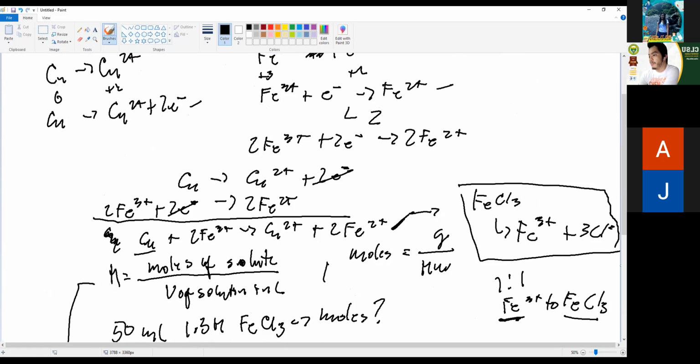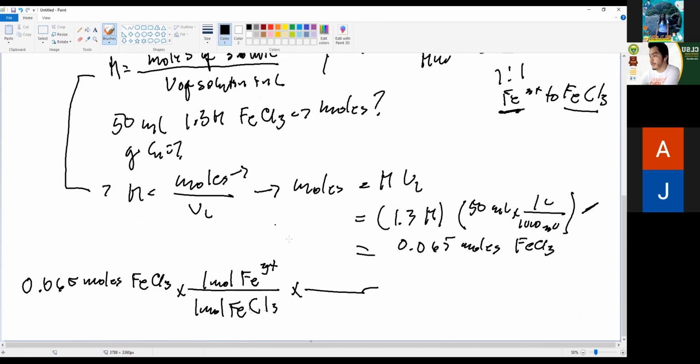Dito sa balance reaction, you have 2 moles ng iron per 1 mole ng copper. Yan. So, cancel yung moles ng iron, we now have moles ng copper.